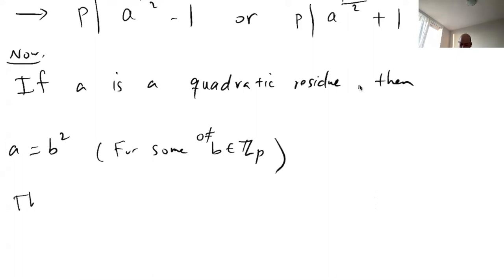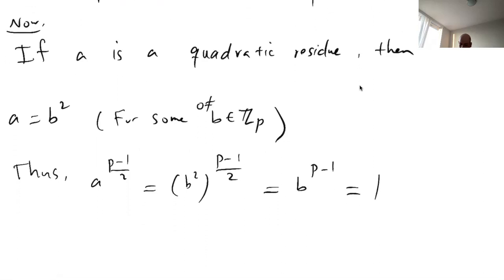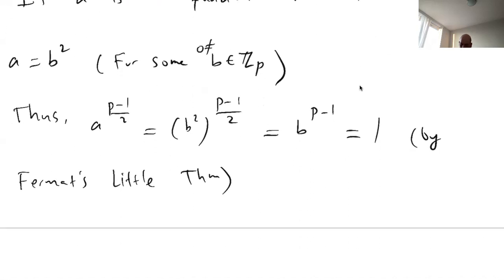And thus, A to power P minus 1 over 2 will be how much? Will be B squared to power P minus 1 over 2. And that's same as B to power P minus 1, which is equal to 1, again, by Fermat's little theorem. And what about A over P?